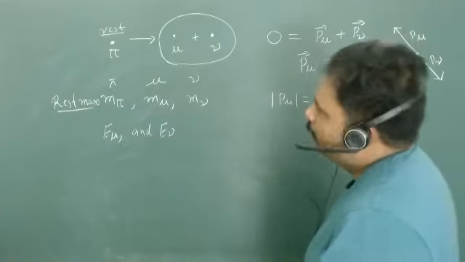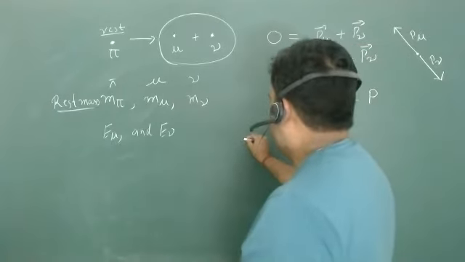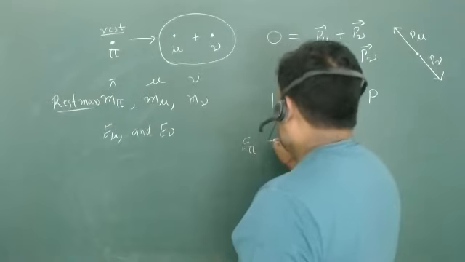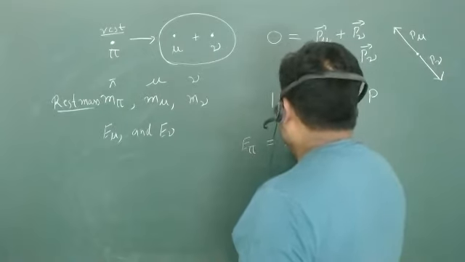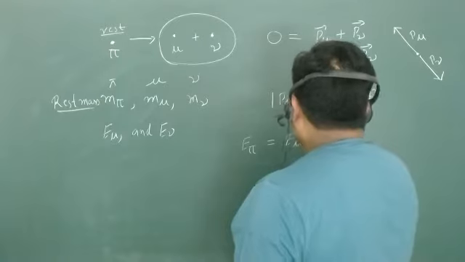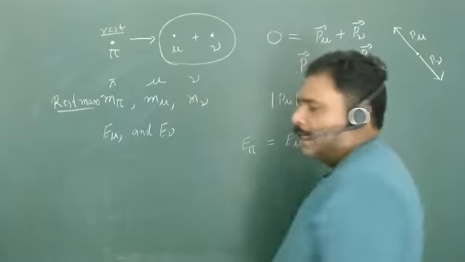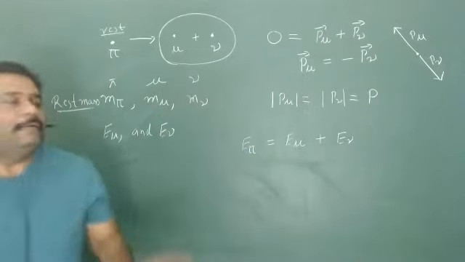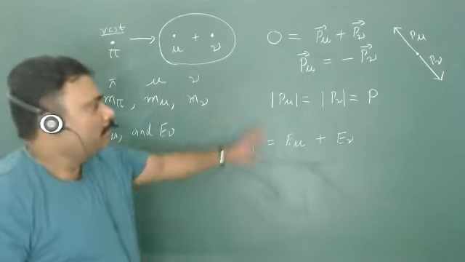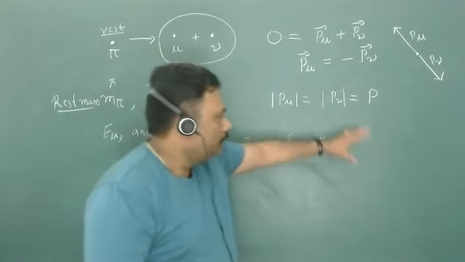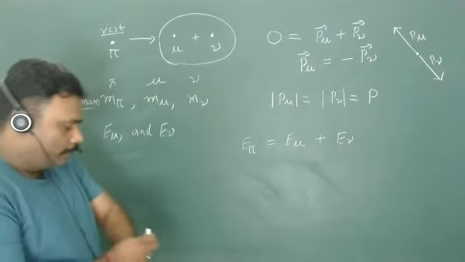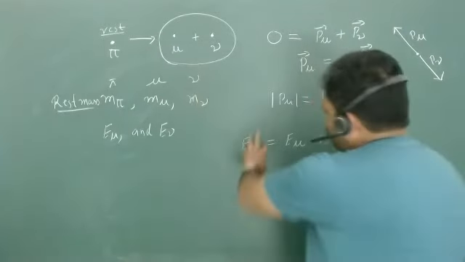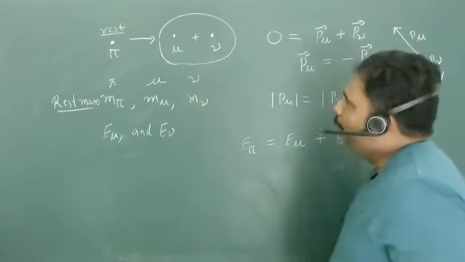The energy of pion must be equal to the energy of muon plus the energy of neutrino. And here I am talking about the relativistic energy of pion, muon, and neutrino. This is the most important thing. So what will be the relativistic energy of pion?